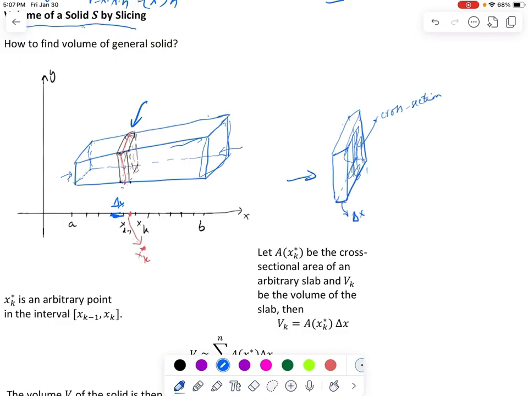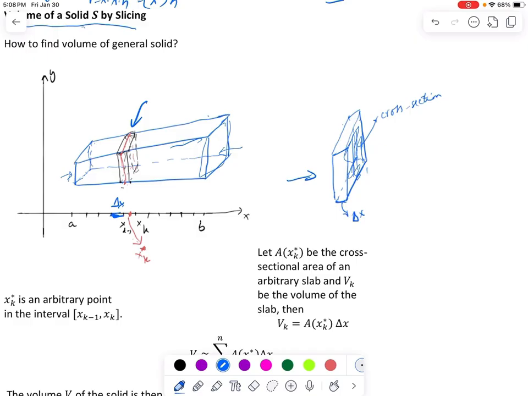First, we assume that this shape is aligned with the x-axis, so that when we cut pieces or slabs out of it, those slabs are perpendicular to the x-axis.